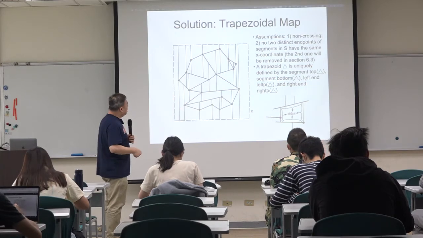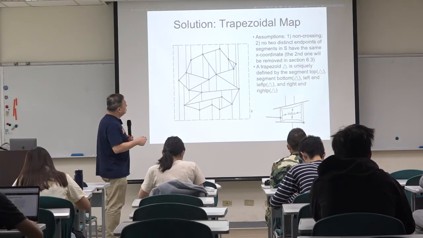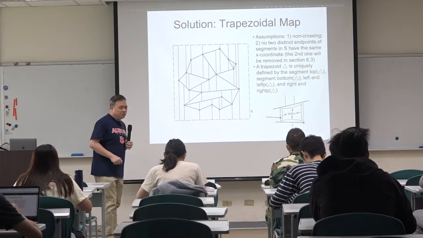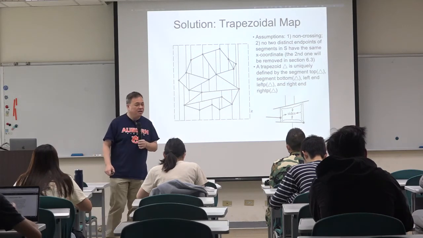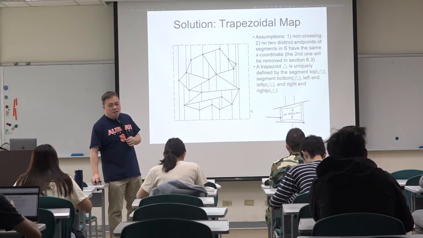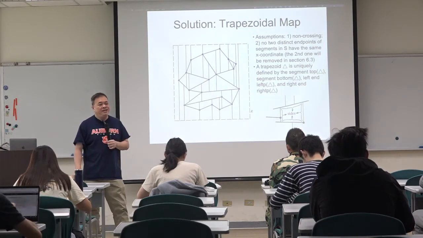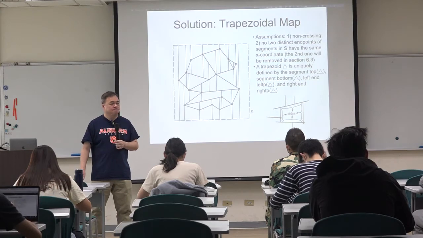There are two important assumptions here. The first one: remember, I told you the subdivision is formed by n edges, right? Now we assume these n edges are not crossing.